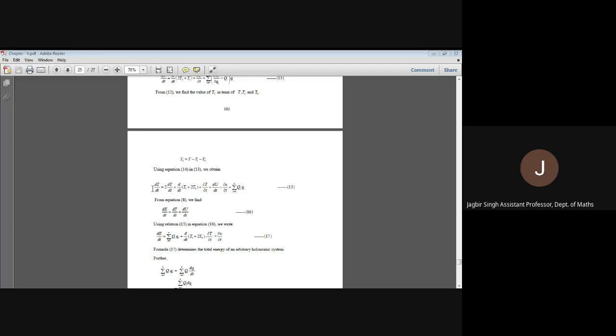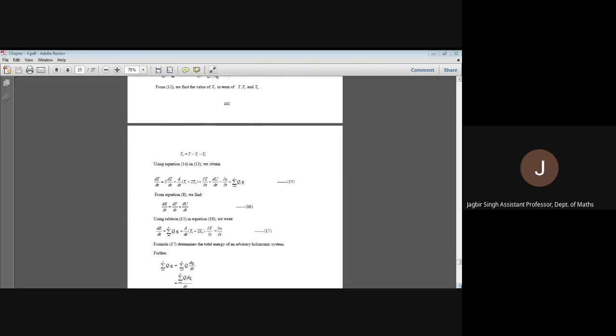So bringing that to the right hand side, we will have dU/dt plus dT/dt, say this term is dE/dt. And bringing all the rest of the terms to the other side, we will obtain the summation i from 1 to n of Qi tilde Qi dot, plus d/dt of T1 plus 2T0 minus ∂T/∂t plus ∂U/∂t. So this is the variation of the total energy as obtained in equation number 17.